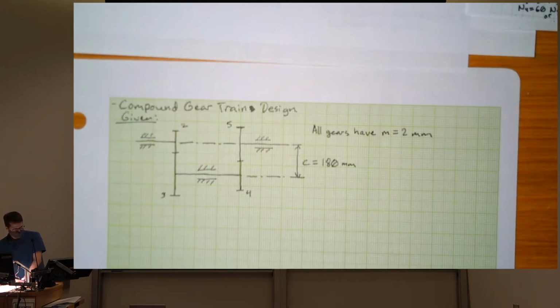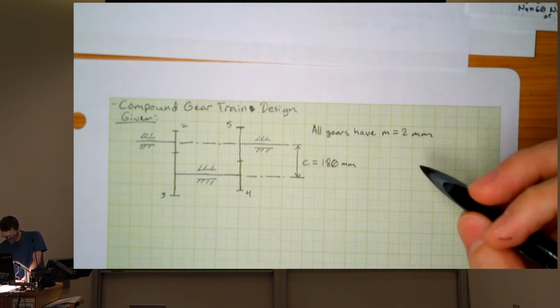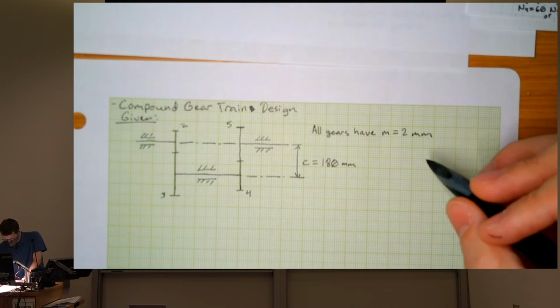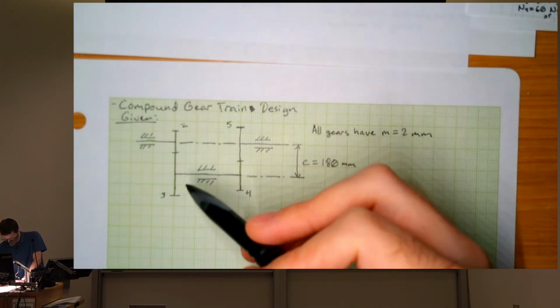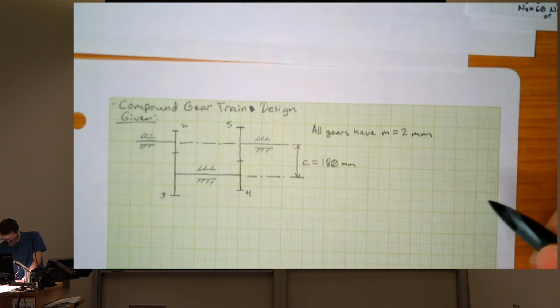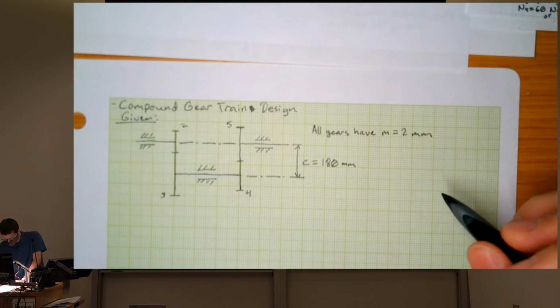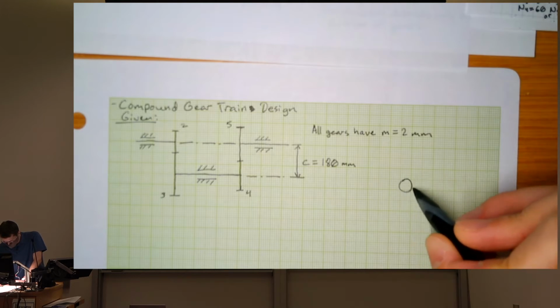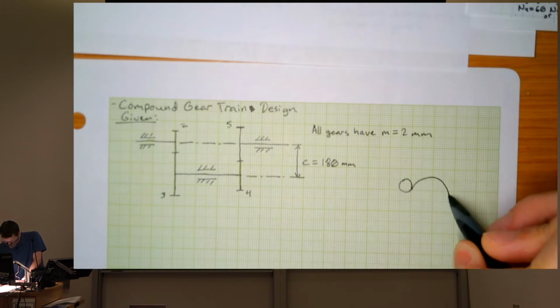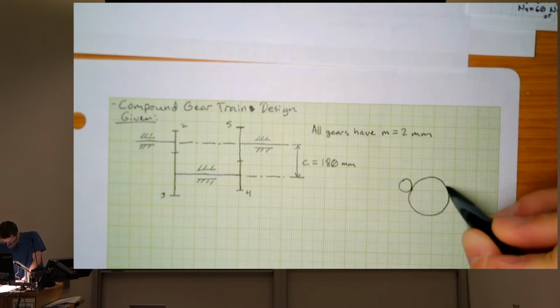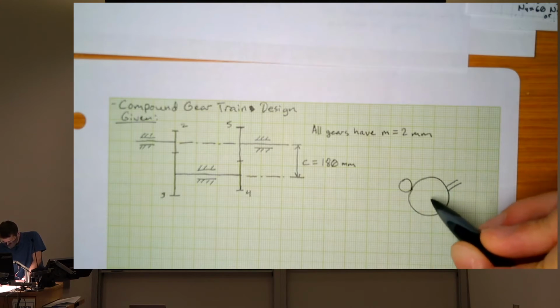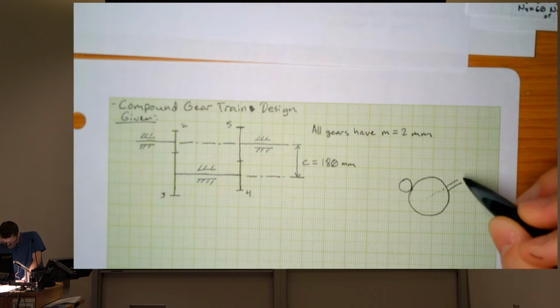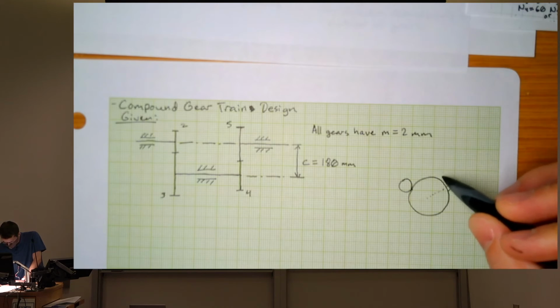Now, I'm going to attempt to draw this a little bit in 3D here. It's going to be a pretty shoddy attempt, but I'm going to give it a go. So here we have our small input gear, our bigger gear on the side there. It has some shaft coming out of it that connects on to another gear over here.